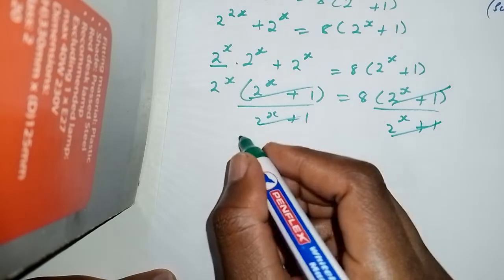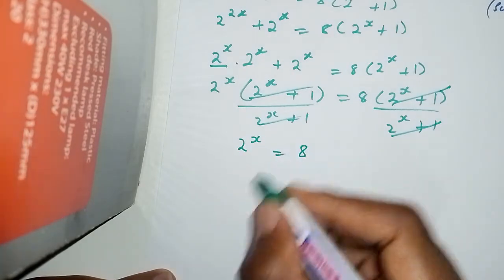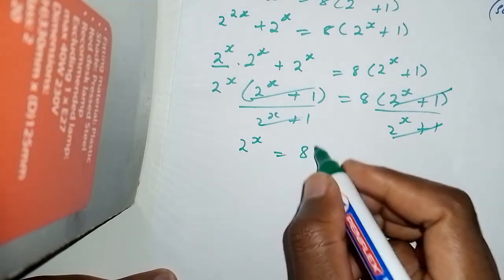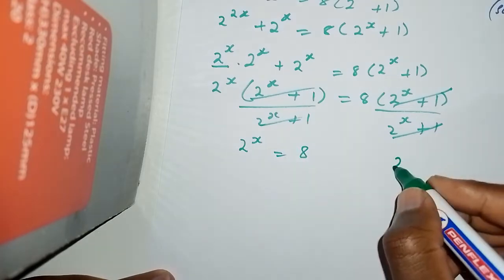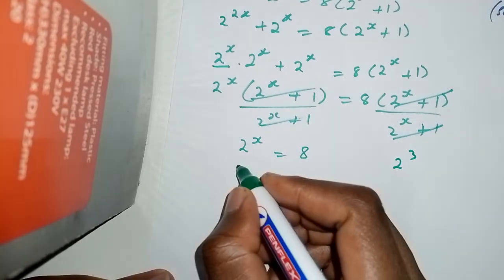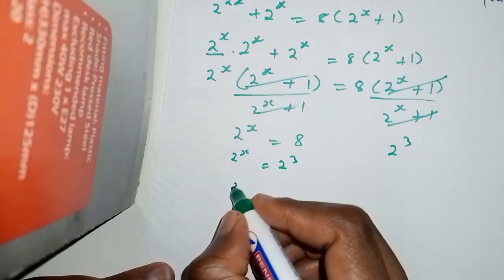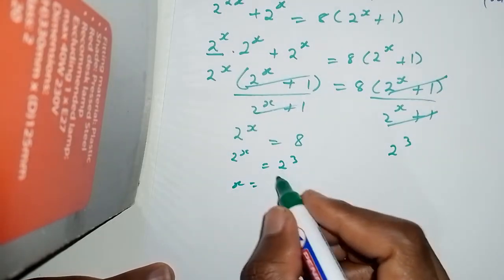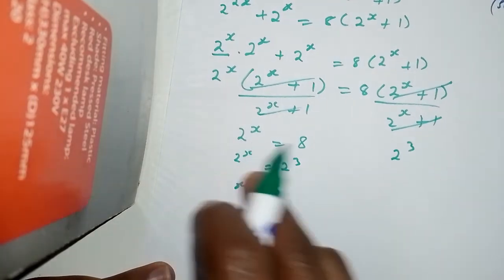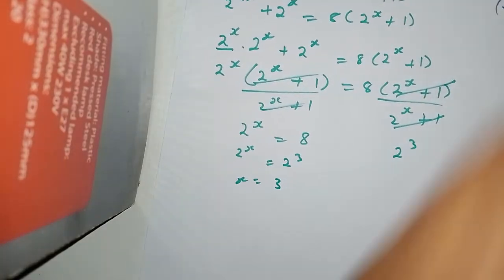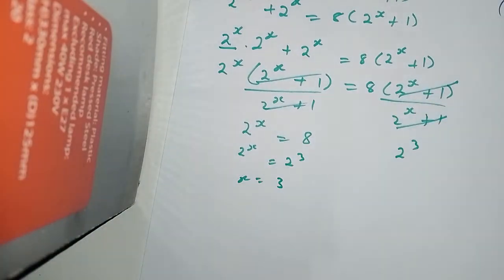I'll be left with 2 to the power x equals 8. I can change 8 to 2 to the power 3, so 2 to the power x equals 2 to the power 3. What is my answer? x equals 3, because the bases are the same, we leave out the bases and deal with the exponents.